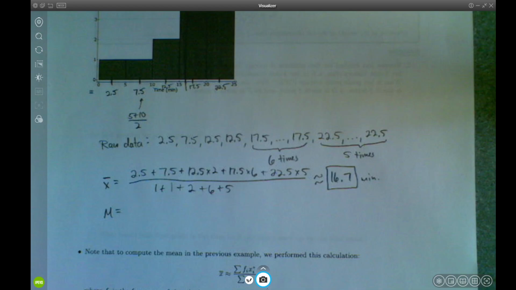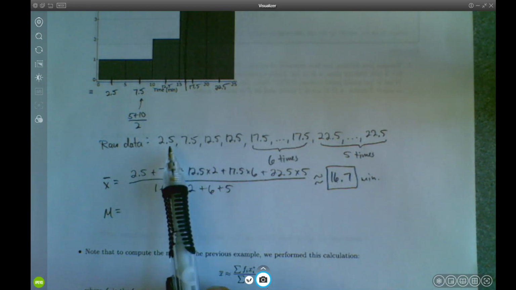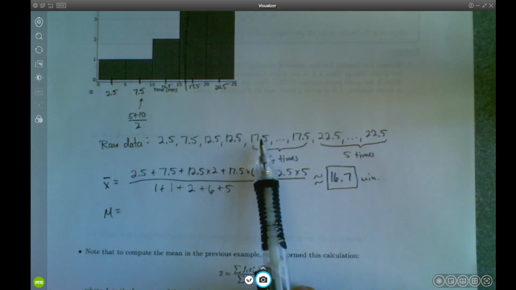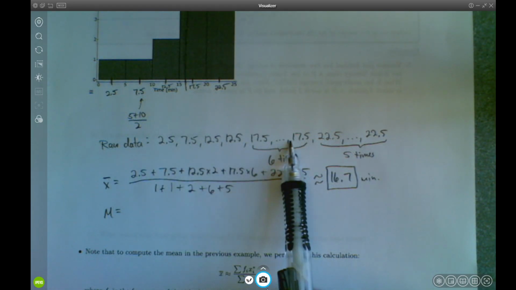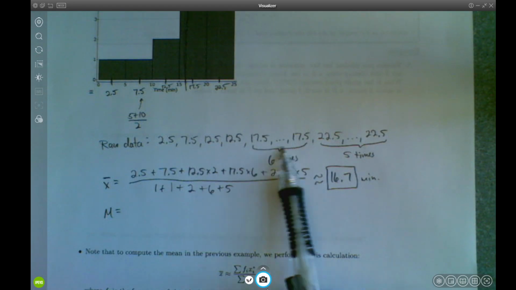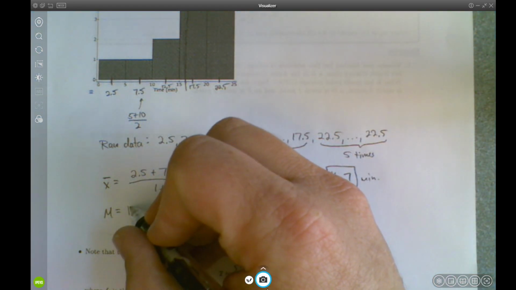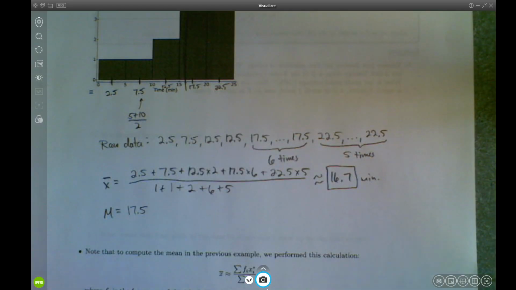So if I want to figure out what the data value in the 8th position is, I'm at position 1, 2, 3, 4, and then 5, 6, 7, 8, right? I would still be in this list of 17.5s. So my median would be 17.5 minutes.